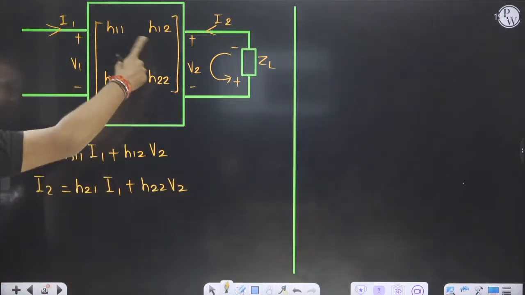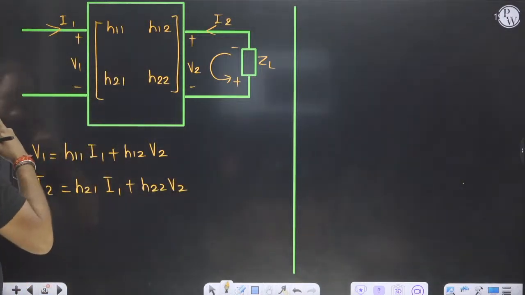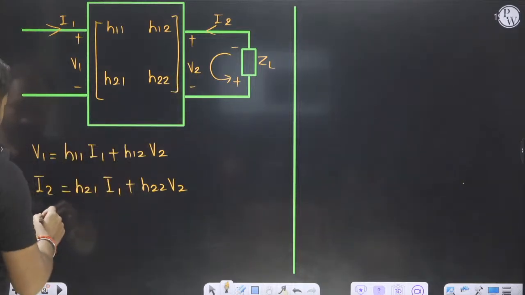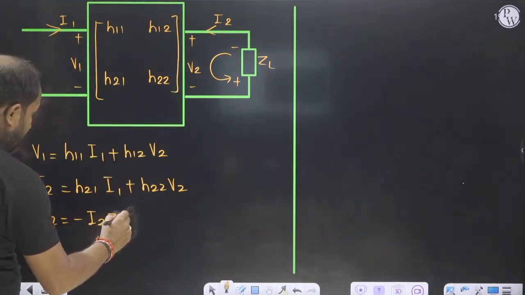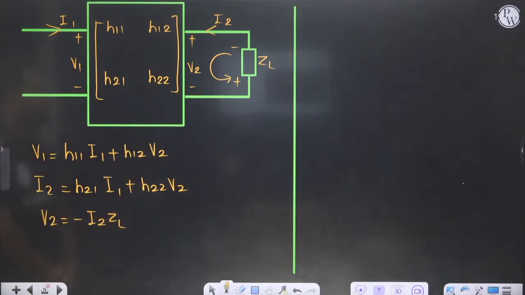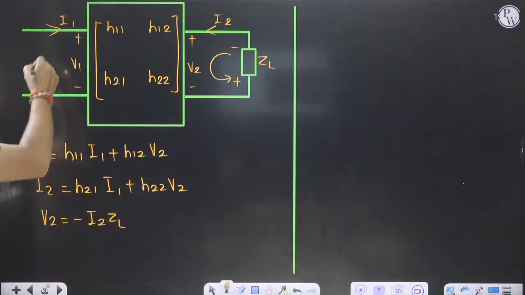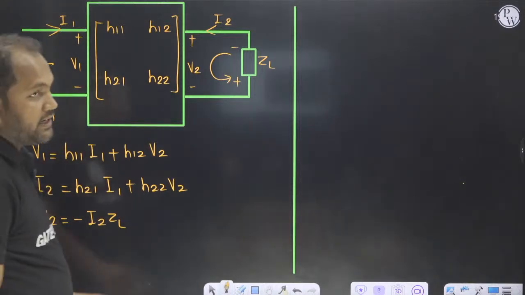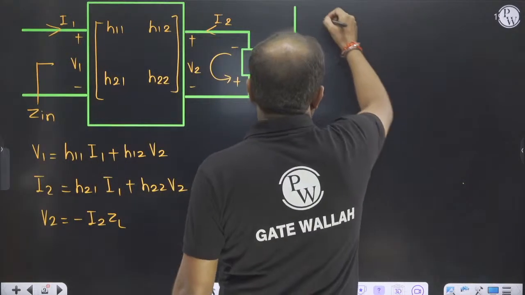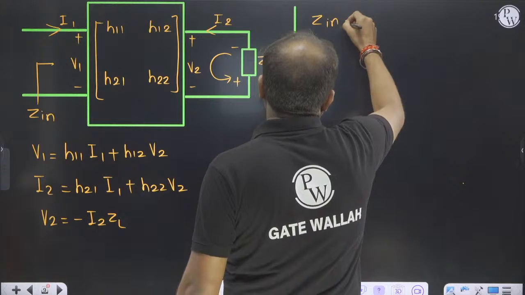Now KVL gives V2 equal to minus I2 into ZL. We are going to find out first of all what Zin is in terms of the H parameter. Zin will be equal to V1 by I1.